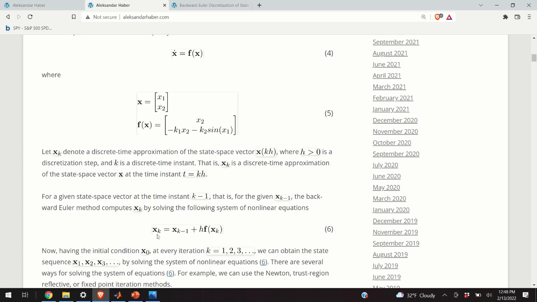In equation 6, xk is an approximation of the system's state space variable x at the time instant t equal to k times h, where k is a discrete time instant and h is a discretization constant. We choose the discretization constant by ourselves.